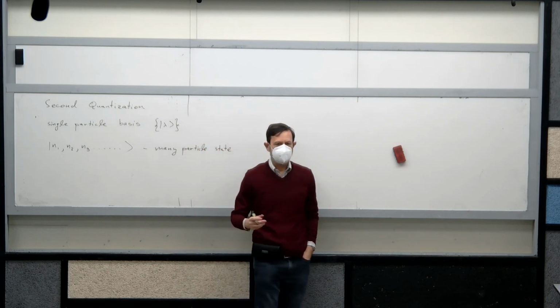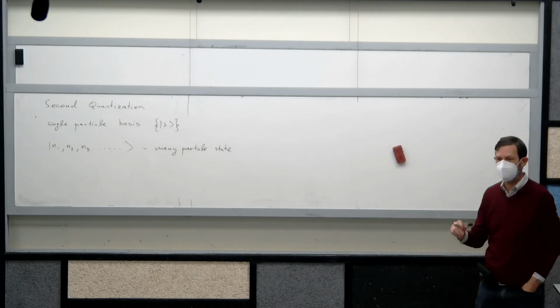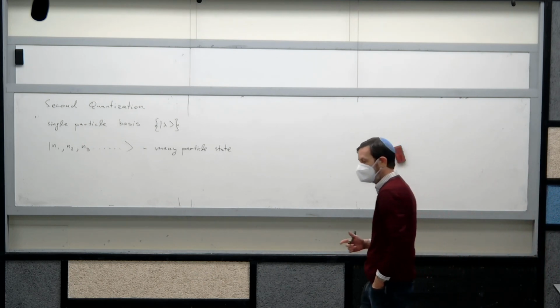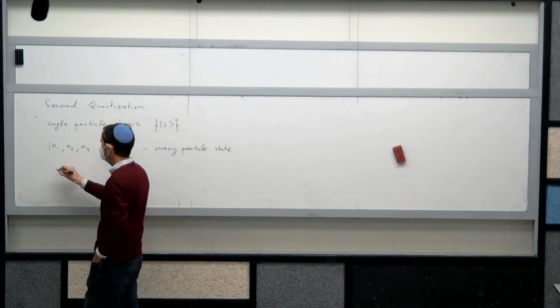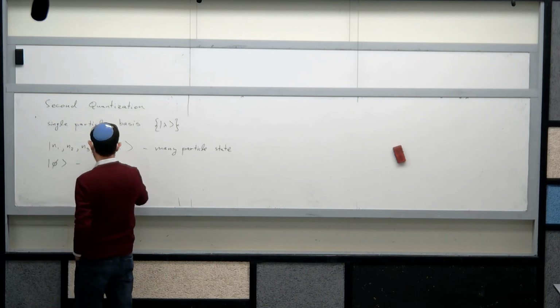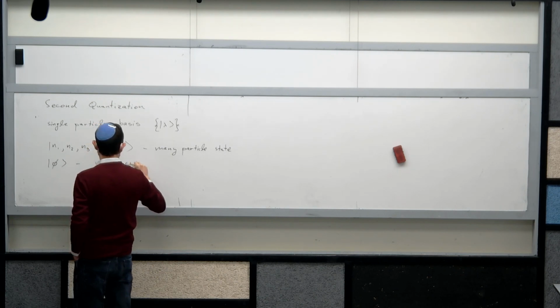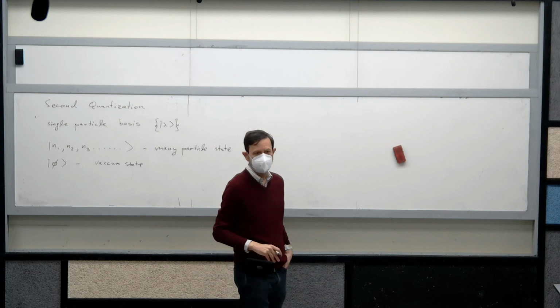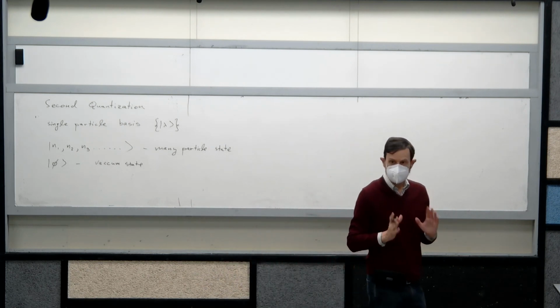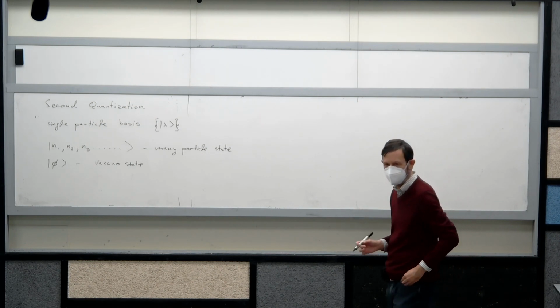Okay, and then we discussed how to construct such a state, and we defined the vacuum state, which is a state. It's not zero, it's definitely a state. It's a state with 0 particles in it.